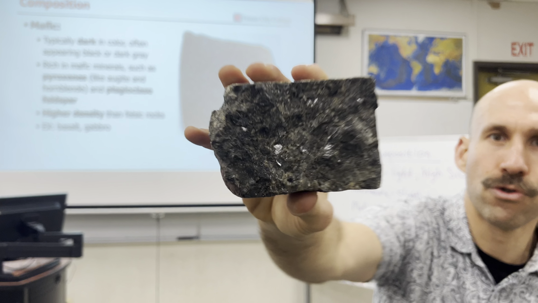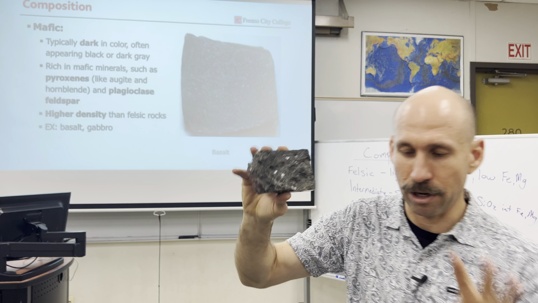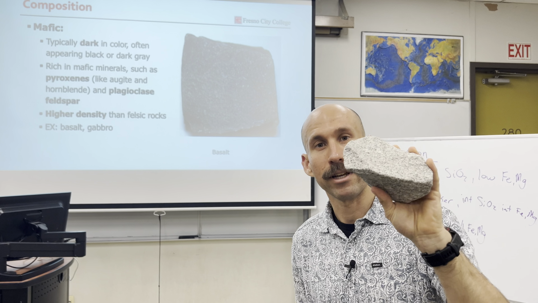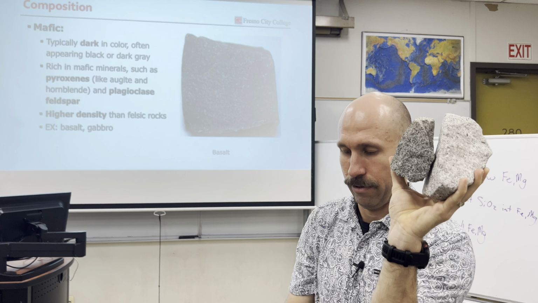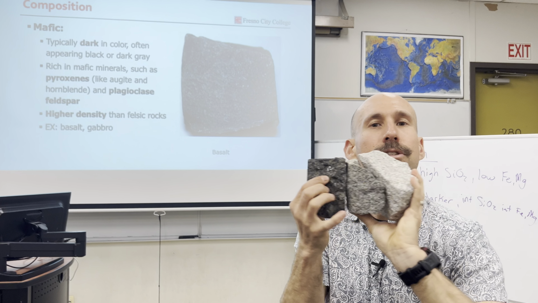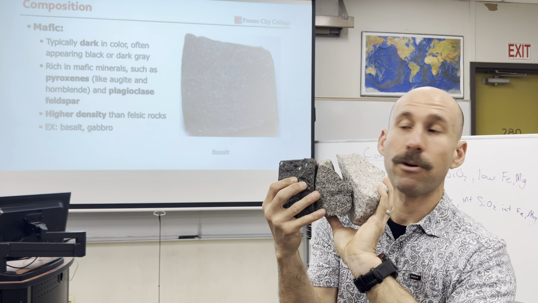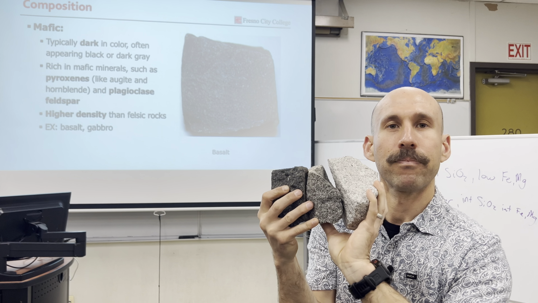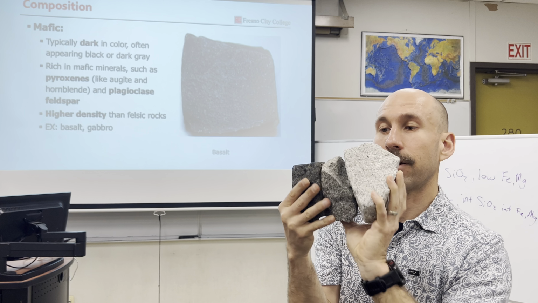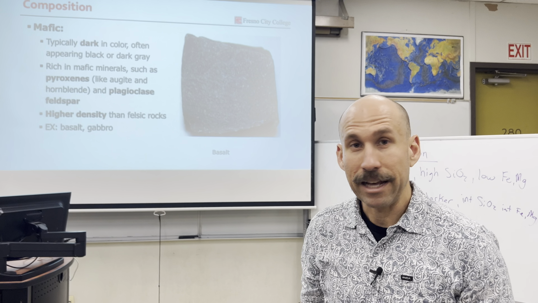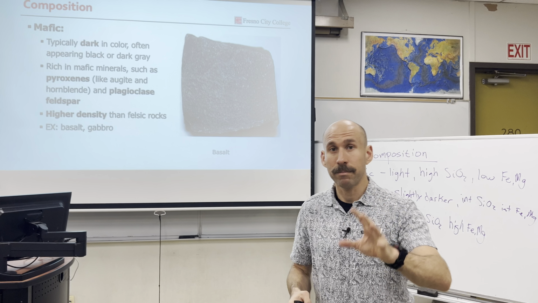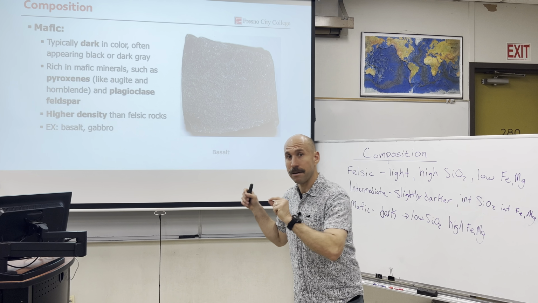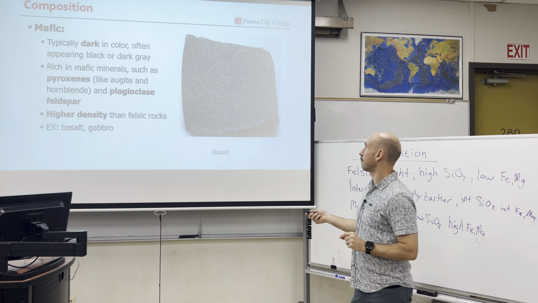Felsic to intermediate to mafic. We're starting to see a transition when I put them all next to each other. There is a gradient of color that exists because of the varying chemical composition, by the abundance of the minerals. Let's keep going.